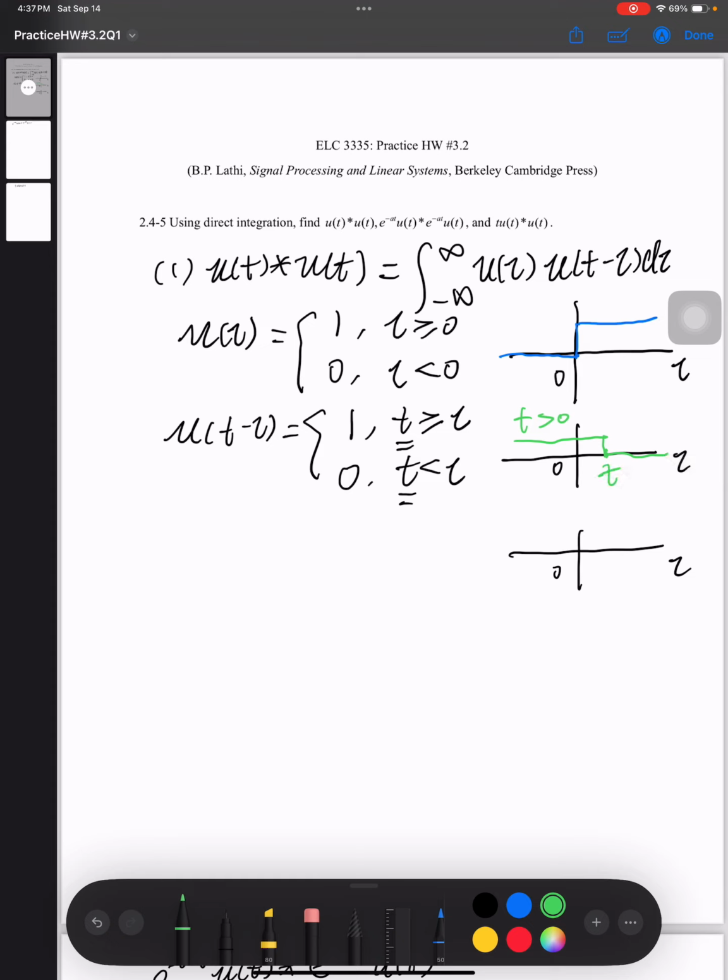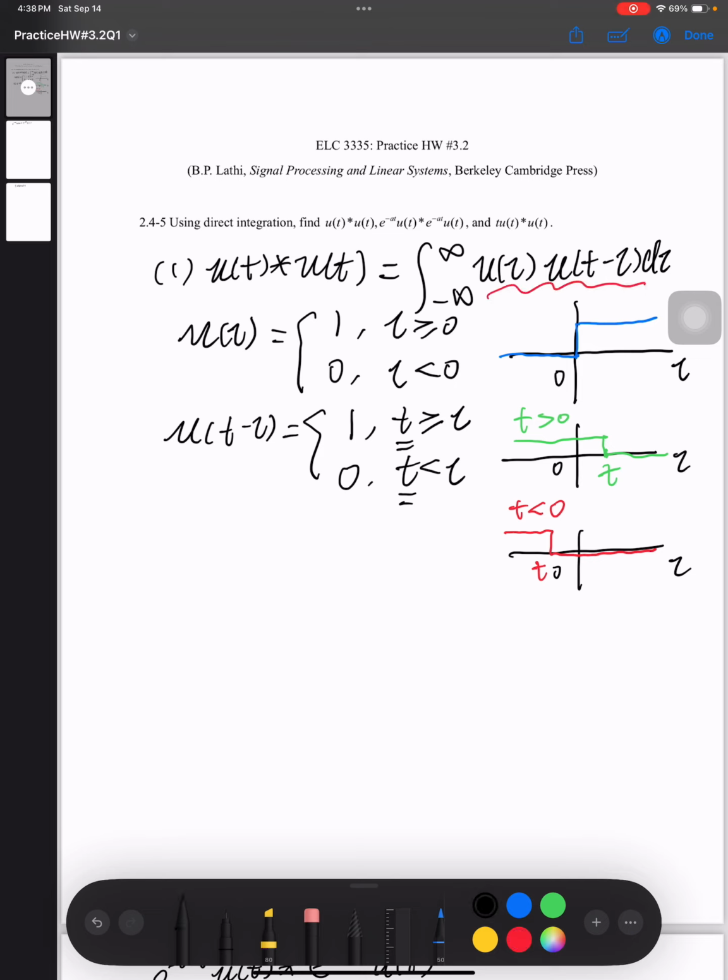And once t is smaller than 0, it will look like this. This is t. And in the integral, they are multiplied together.